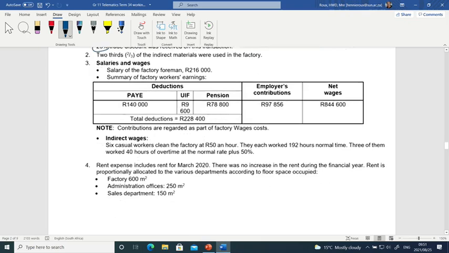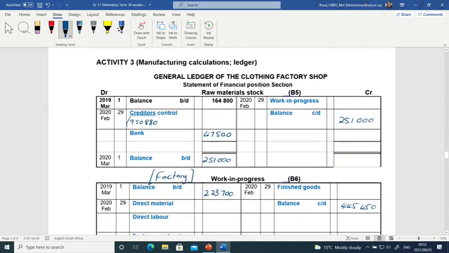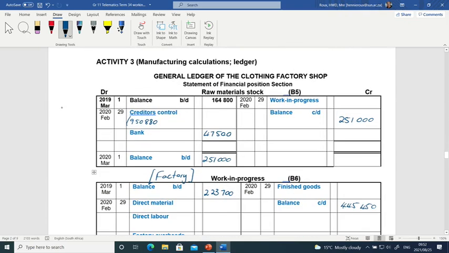So our raw materials will increase 300,000, but we received a 25% discount, so we only paid 75%. So that will be a total of 225.